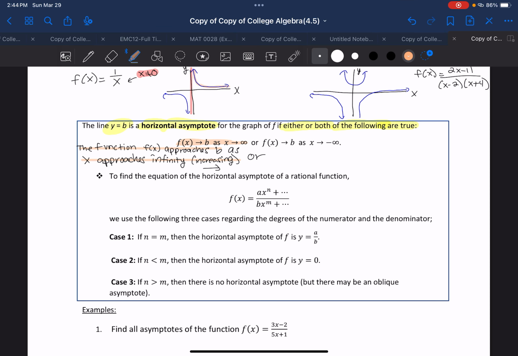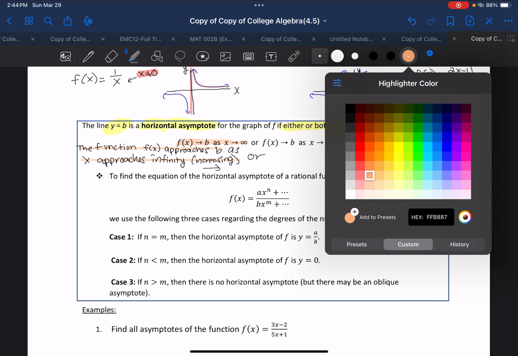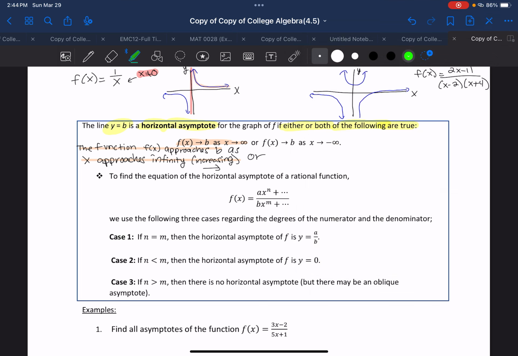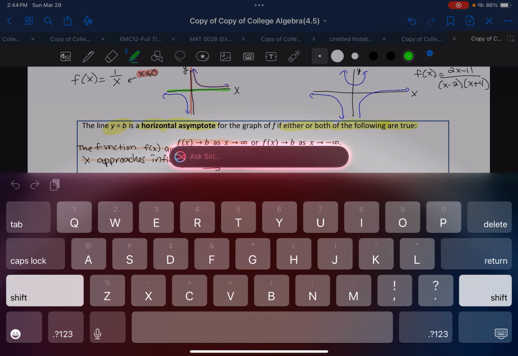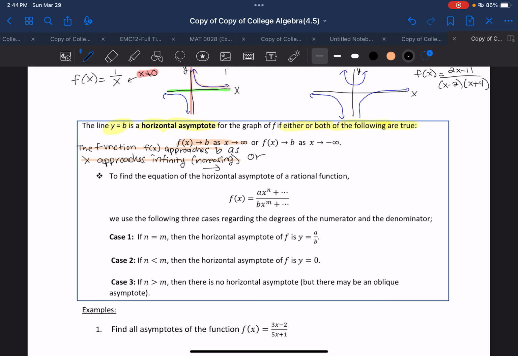It's getting very close to y equals 0. So therefore, this function has a horizontal asymptote at y equals 0, because that's the y value that it's approaching as x is getting closer to positive infinity.